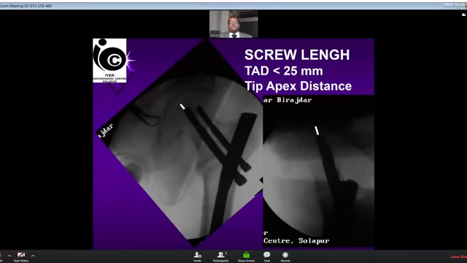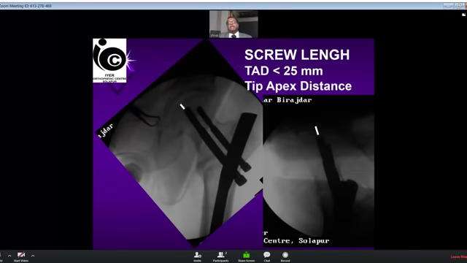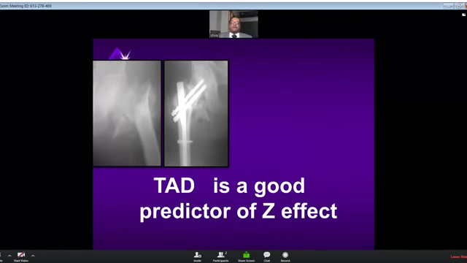Normally, we measure the distance from the fovea centralis for tip apex distance, but I advocate measuring it from the subchondral bone, because many a time our cervical screw or the main screw will be in the part of the head and neck, and hence it should be measured from the subchondral bone. It should be less than 25 millimeters to get a good result.